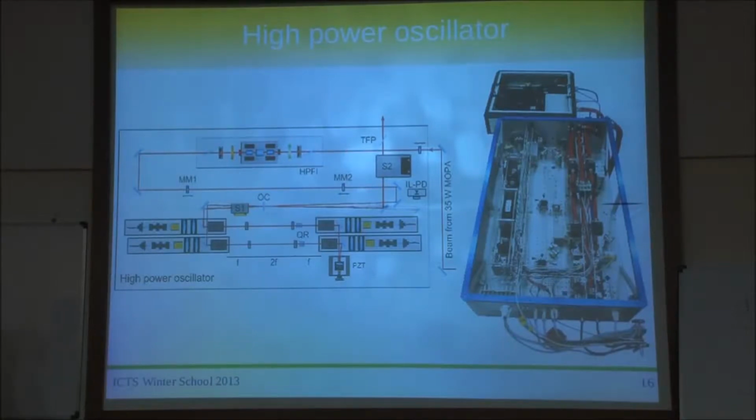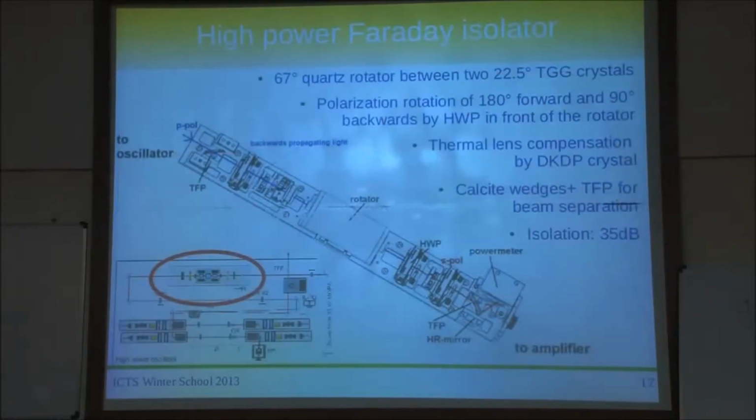I'm going to show you how that works in a minute. But that's a component that one really wants, because the output power of that thing here is about 180 watts. And if 90 watts are going this way, and then we have an amplifier here which amplifies this 90 watts to even more, and then we send that back to an NPRO, that would be really a disaster. So we really need this high-power Faraday isolator here.